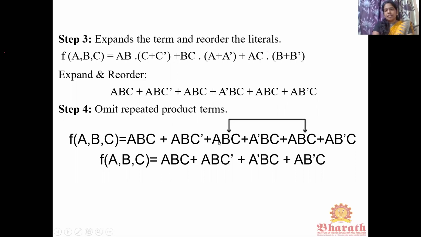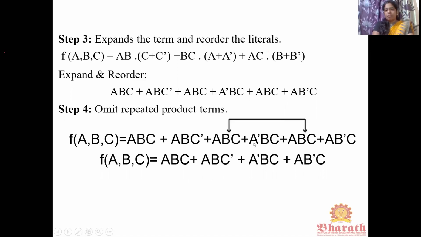Here, then this one and here. So we have to keep only one A, B, C and remove remaining 2 terms. So this can be removed, and this one also can be removed. So ABC complement, and this can be removed.